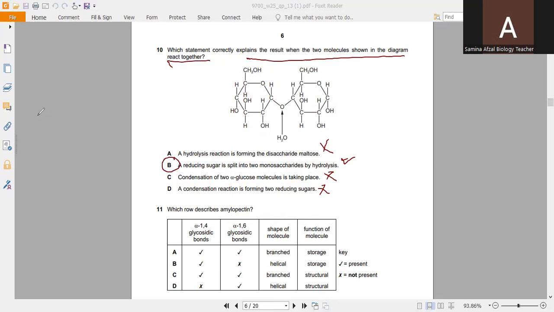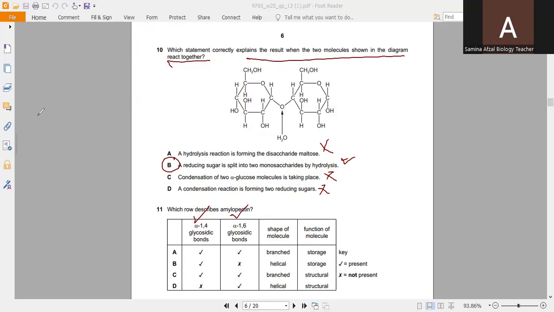Now question number 11. Which row describes amylopectin? Amylopectin consists of alpha 1,4 glycosidic bonds, and it is a branched structure. So many branches are formed over here. The main chain is formed by 1,4 glycosidic bonds, and there are side branches which are formed by 1,6 glycosidic bonds.